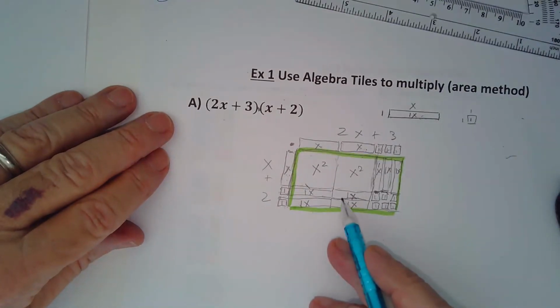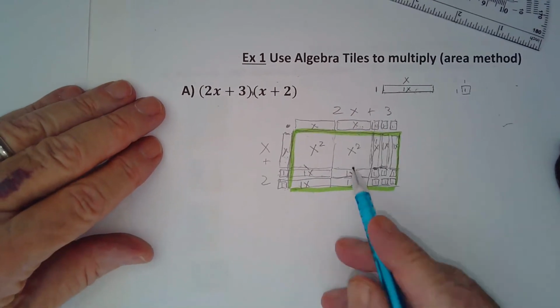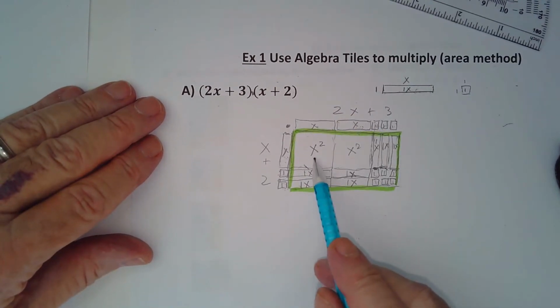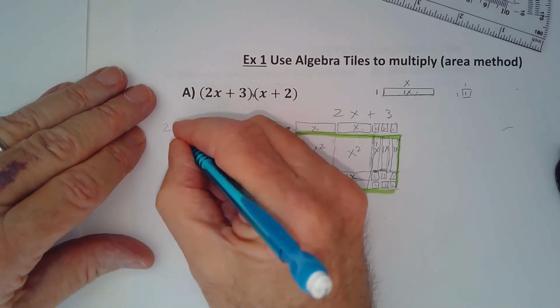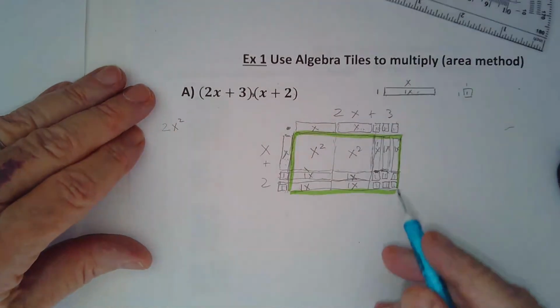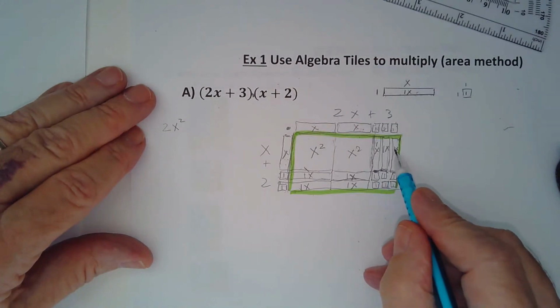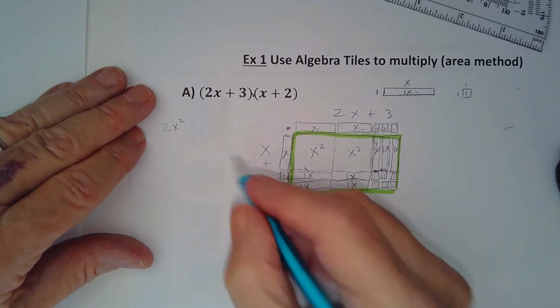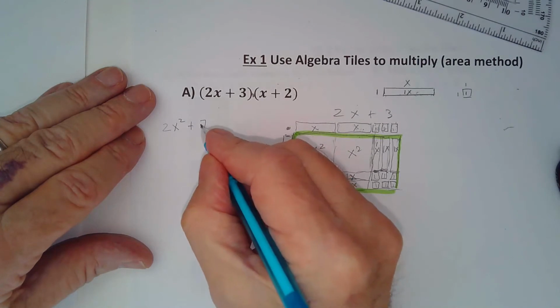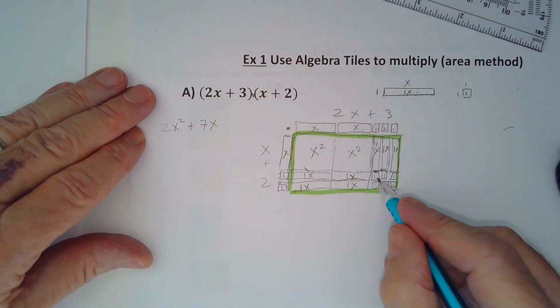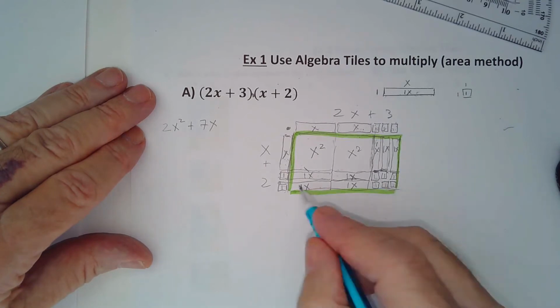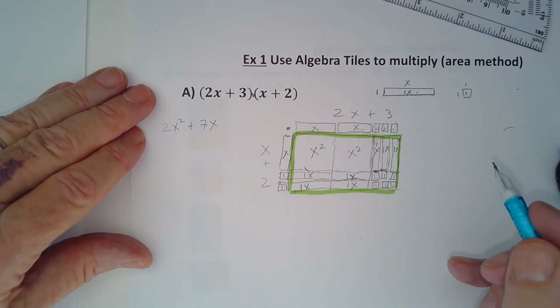Can I get it from this? Well, the answer is yes, I can. Let's see what I got. I got 2x squared, so I'm going to write 2x squared. And then how many of these x's do I have? 1, 2, 3, 4, 5, 6, 7x. And then how many of these little singletons do I have? 1, 2, 3, 4, 5, 6. 6 singletons.